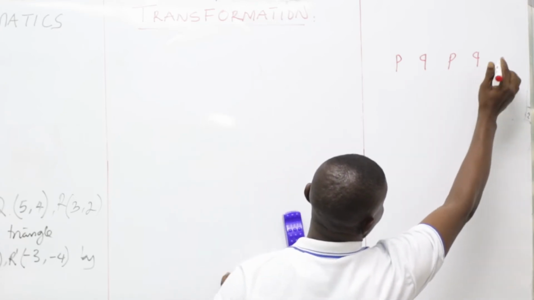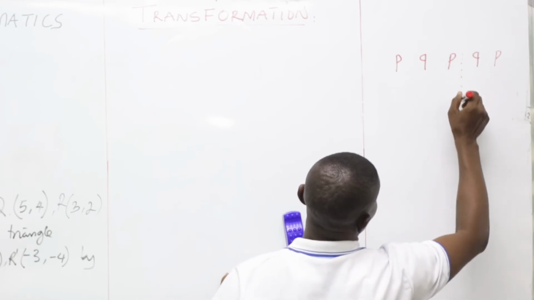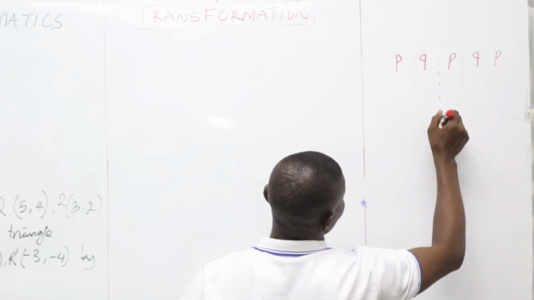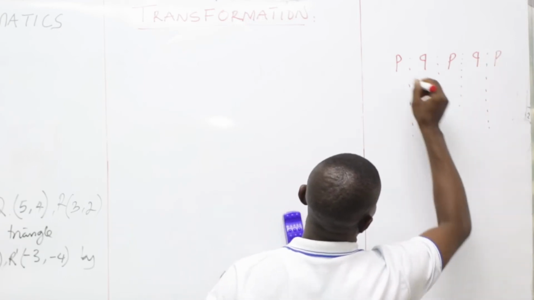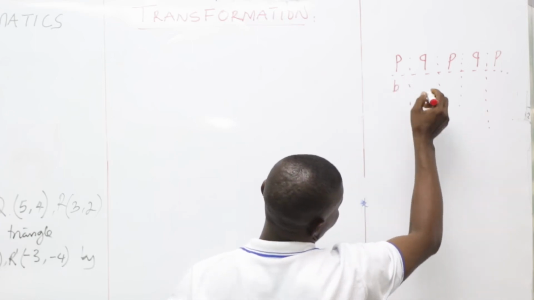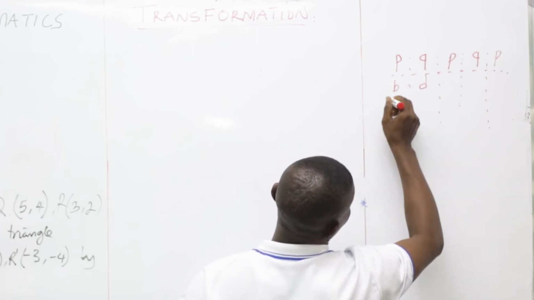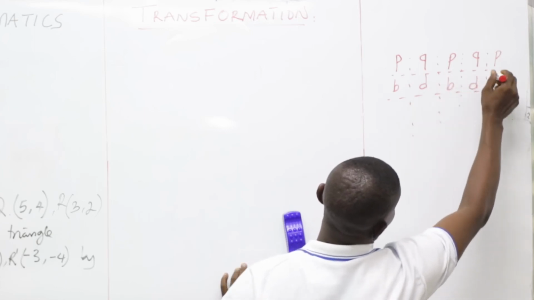If you reflect this again, it will come this way. Let us create a mirror line. This is the mirror line, line of symmetry. Let us reflect B. If you reflect B, it becomes D. Reflect again, B. Reflect it again, D.